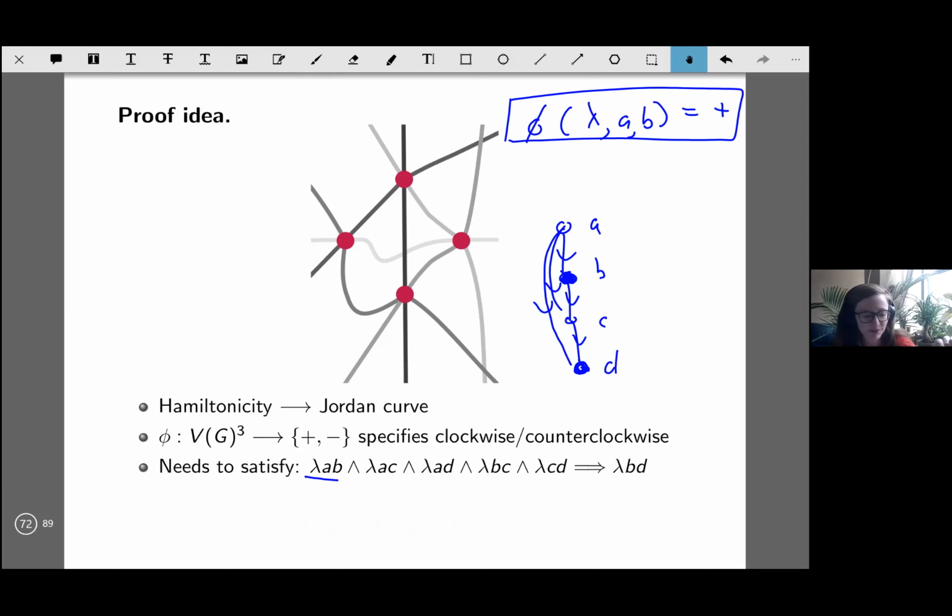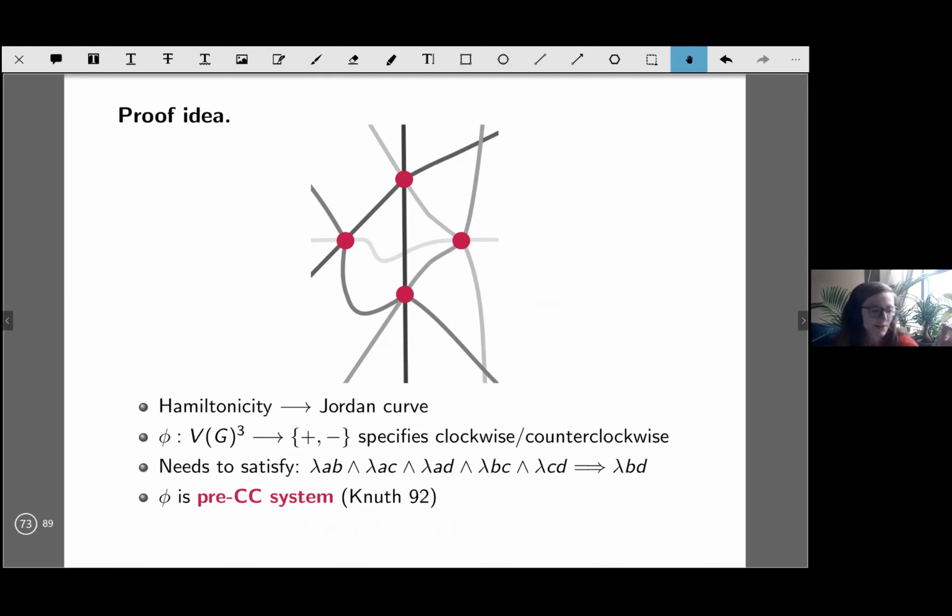So let me just skip over that. These axioms worded in this way are called a pre-CC system, CC for clockwise or counterclockwise. They were introduced by Knuth in '92, and he already showed that they were equivalent to the axioms for oriented rank 3 matroids, where the underlying matroid is uniform.